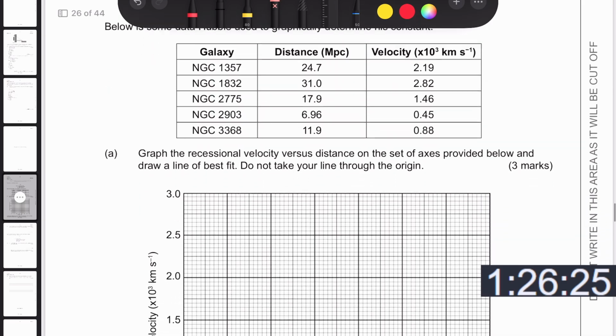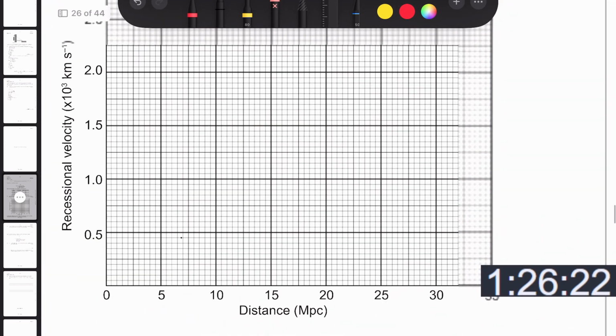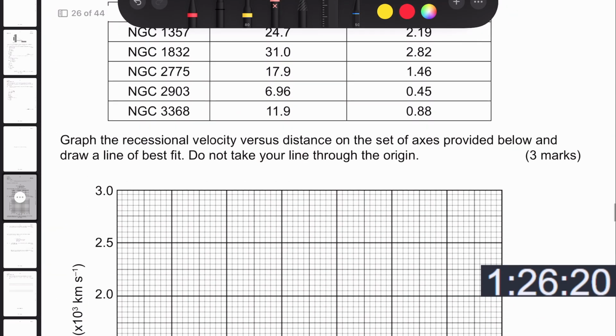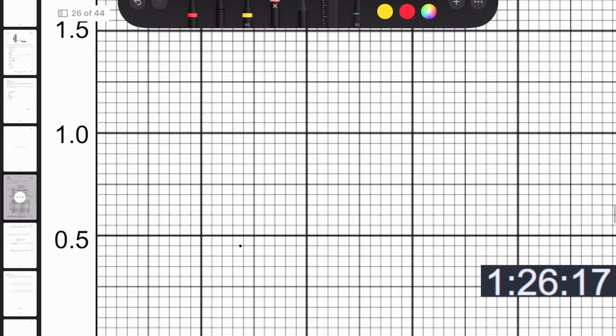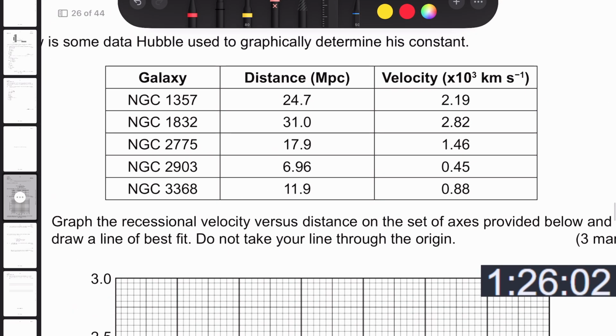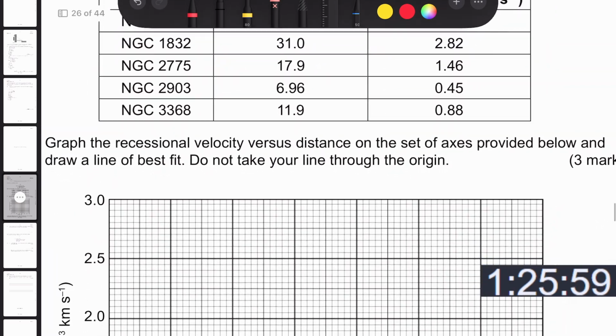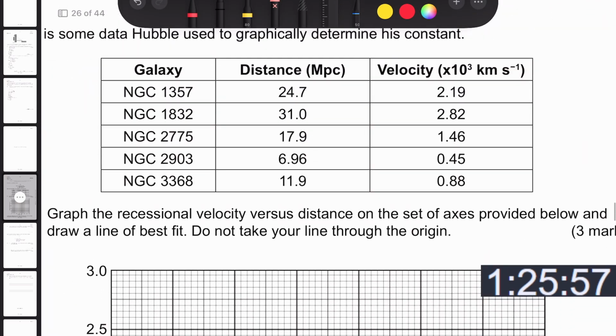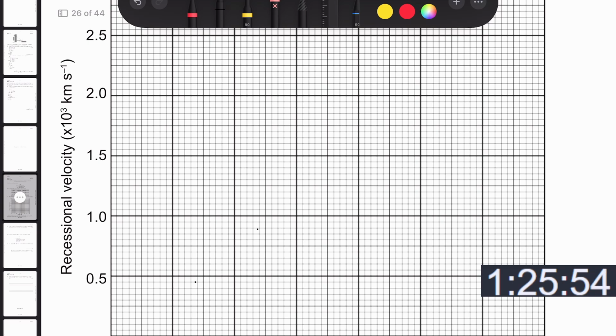The next one will be 11.9 and 0.88. 11.9 and 0.8 and 0.75, 8, right about there. Maybe a bit more to the right. And then 17.9, so we'll take it as 18, and then 1.46. So 16, 17, 18, 1.46.